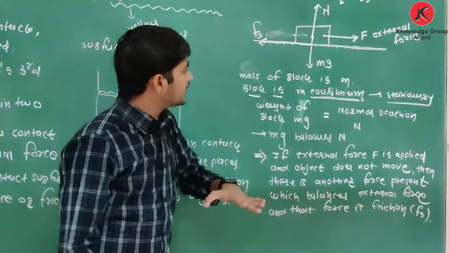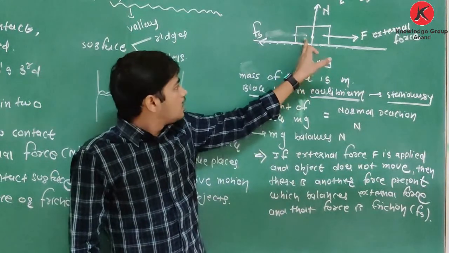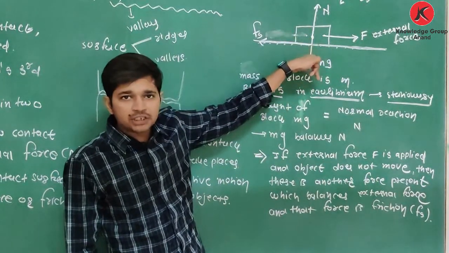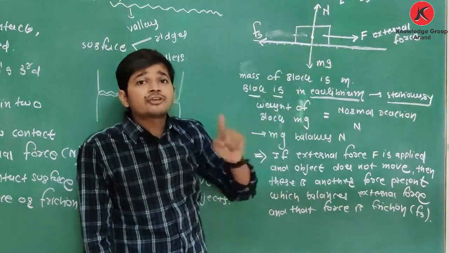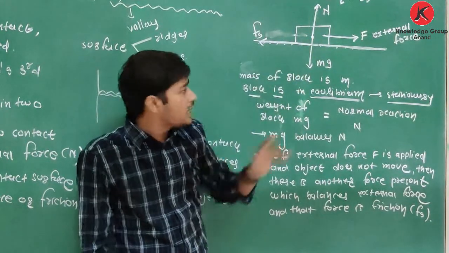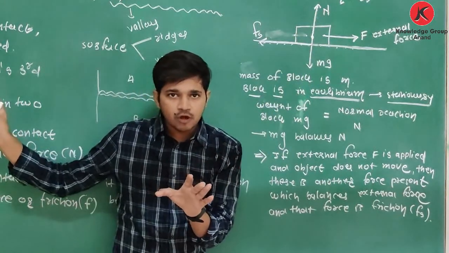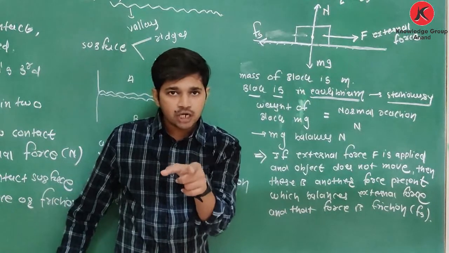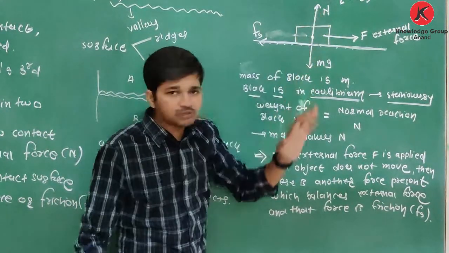Again we have one block placed on the table, mg acting in the downward direction, and the normal force acting in the upward direction, normal to the contact surface. These two forces are contact forces and obey Newton's third law of motion, so they cancel out the effect of each other. The resultant of N and mg is 0.